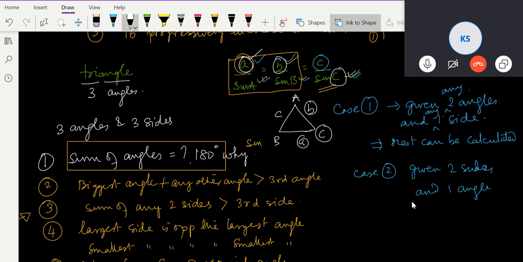What if I am given two sides and any other angle which is not included? So A and B and angle A. Then I can find out the rest. Think about it.